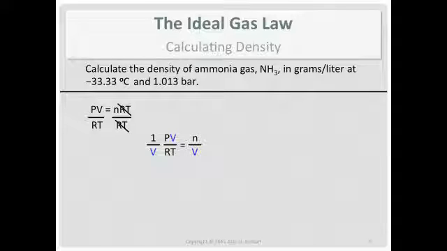On the left side, volume cancels. And then we're left with P over RT equals n over V. We've only done a few steps, and it's possible that you're looking at this right now and going, so what? Okay, remember, let's go with it.